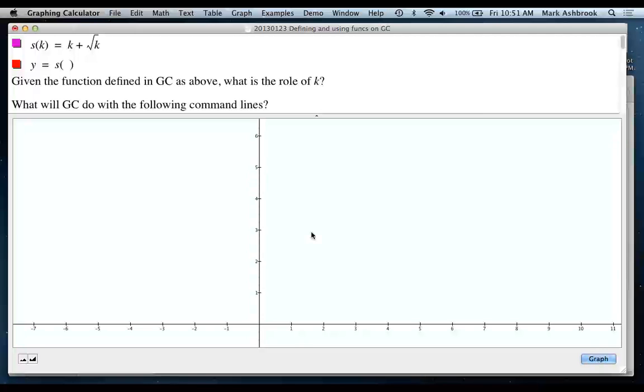In this line, it's no longer a local variable helping us define that function. Now it's just a parameter that we haven't defined yet. So we'll have the value of 2. The k will be 1, and so s of k will be 2, and then we're going to graph y equals 2.